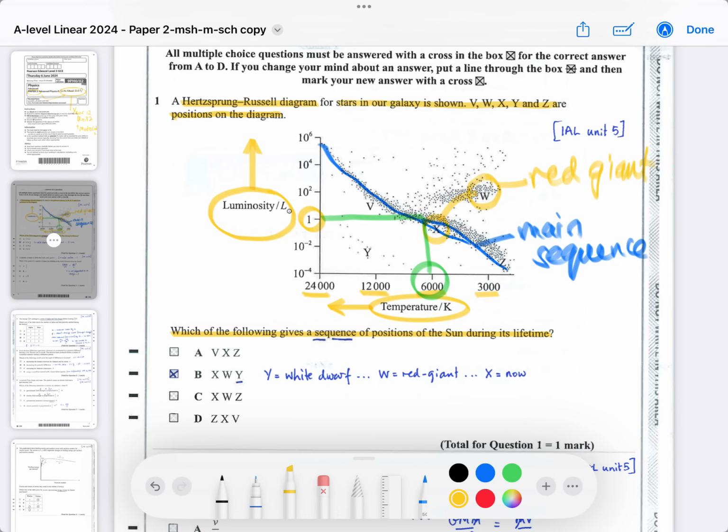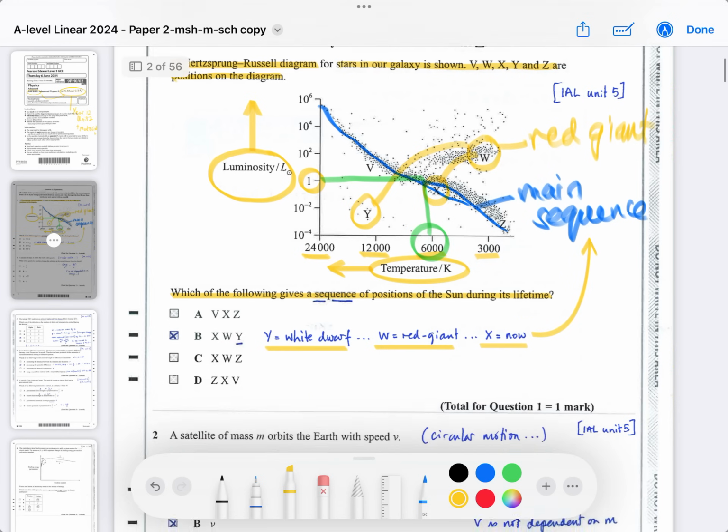Then when it runs out of fuel completely, it becomes a white dwarf. So Y is white dwarf, W is a red giant, and X is now, the main sequence phase of hydrogen fusion. So the answer is B.